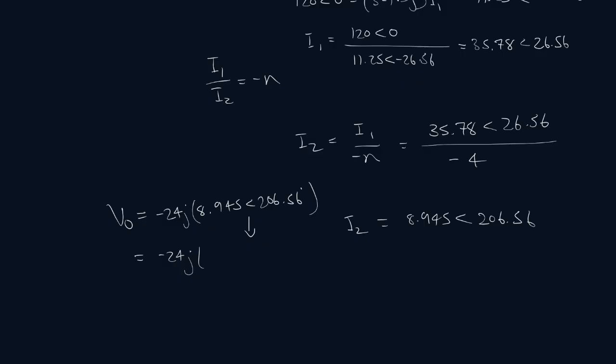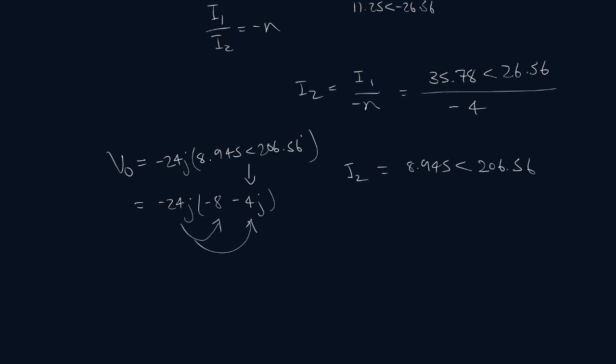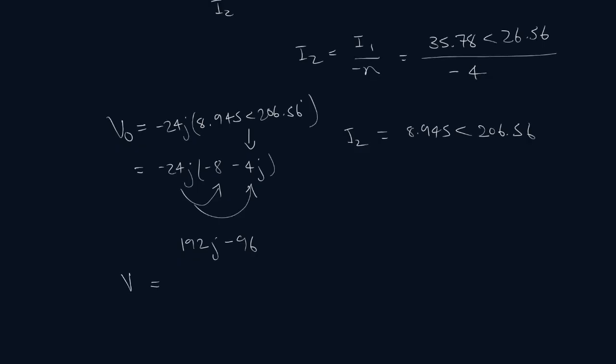So 8.945 cos of 206.56, that's minus 8. And then same value, but sine 206.56, and that's minus 4J. Okay, so now distribute this into all of here, and that's 192J minus 96.